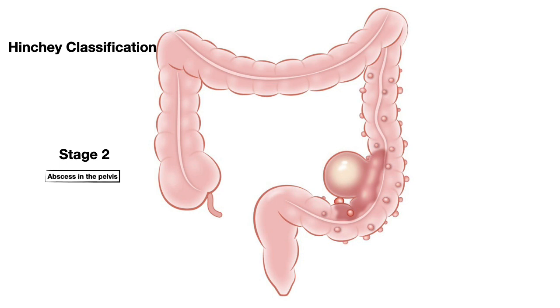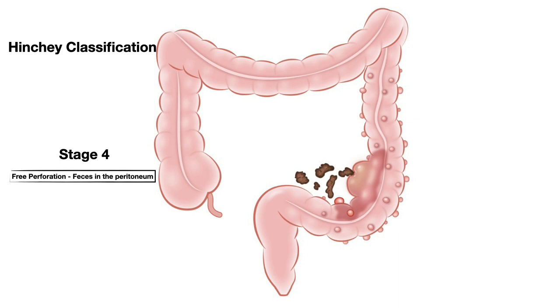In stage 3, there is a free perforation and pus contaminates the peritoneal cavity. In stage 4, there is free perforation and fecal matter enters the peritoneal cavity.